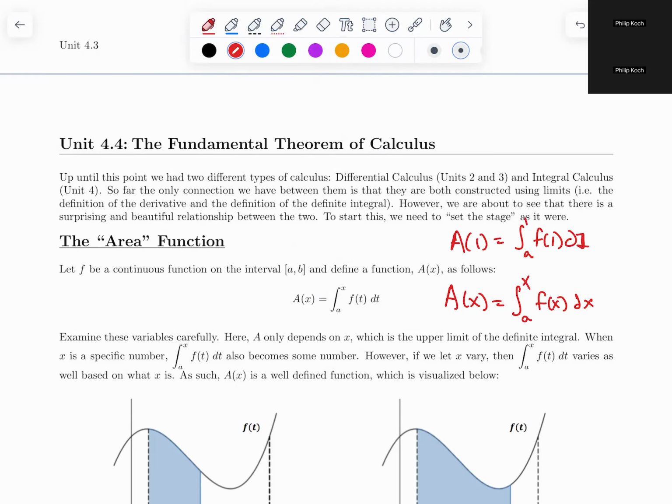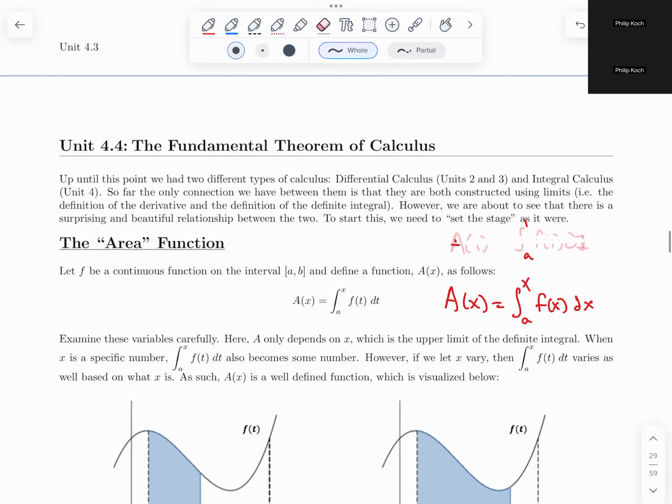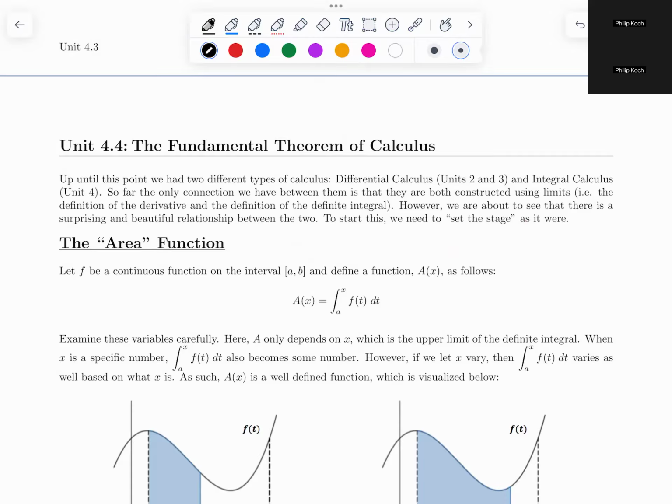If you'd prefer, some textbooks might write it like this. If you don't like seeing your variable on your function being t, you could also write it as A of t equal to the integral from a to t of f of x dx. It doesn't really change anything. But it's better to think about it the first way, because we need to think about this as the function.